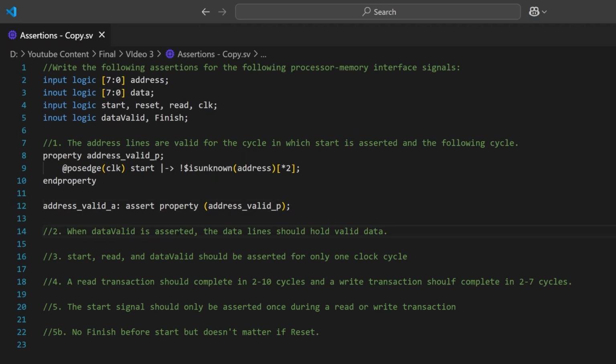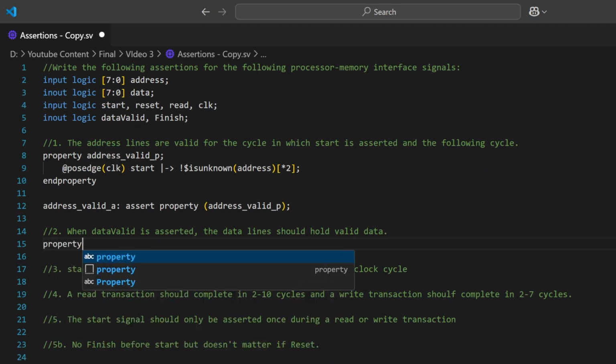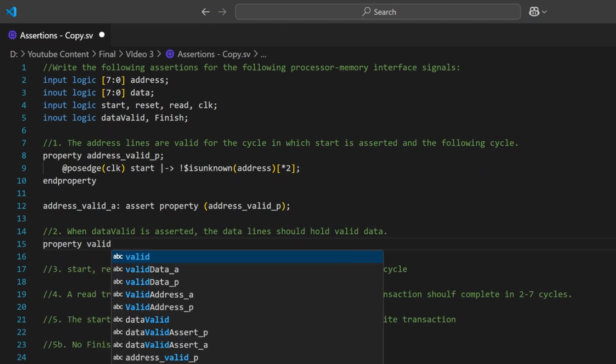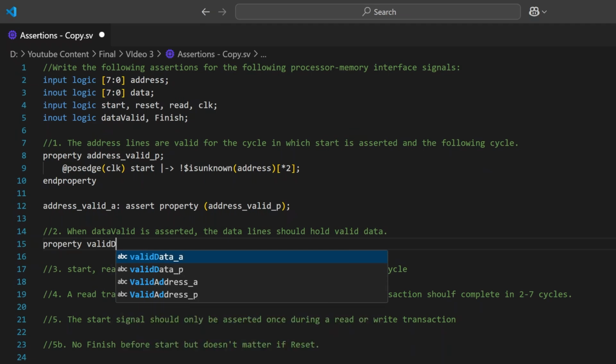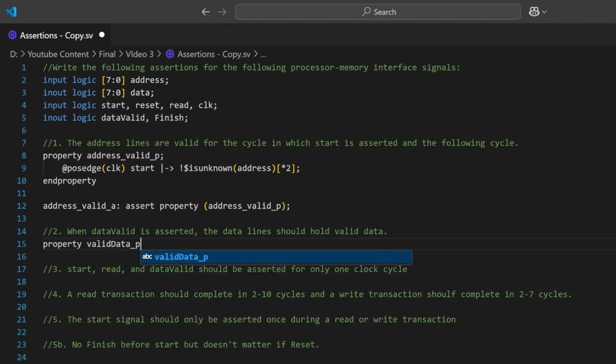So let's move on to our next assertion. It says when data valid is asserted, the data lines should hold valid data. And it's a very simple one. Let's name this valid data underscore property.